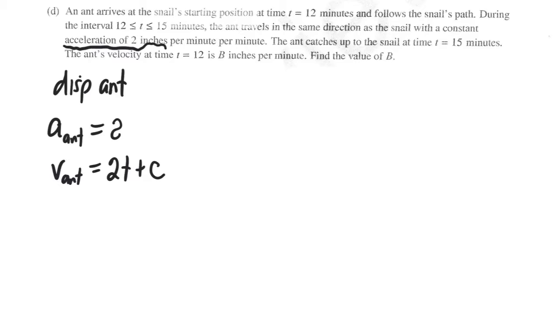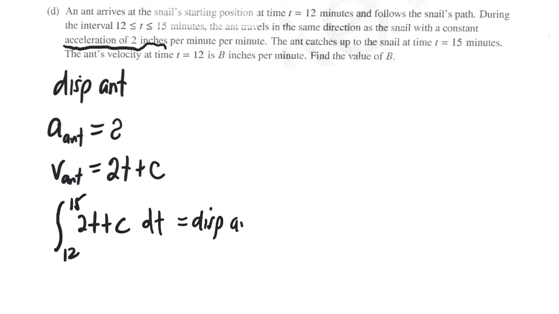So how far did that ant travel during the time it was trying to catch up to the snail? Well, that would be the integral of velocity. So if I integrate 2t plus c for the 12 to 15 minutes, this will give me the displacement of the ant during that traveling. That would be t squared plus ct plus some constant, and now plug in 15 and 12.